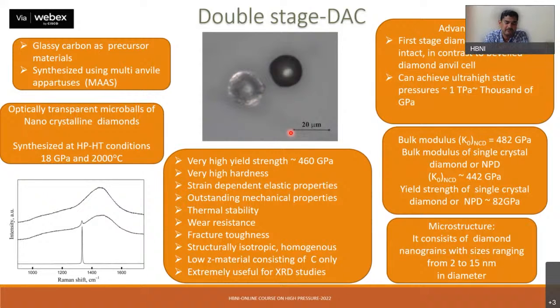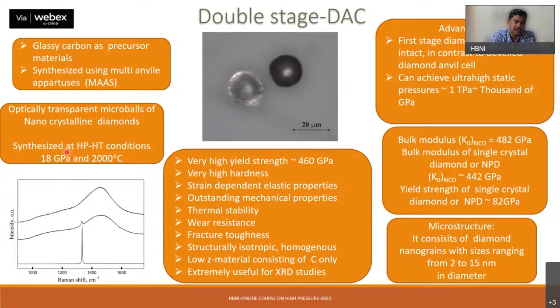So how did they synthesize or fabricate these nano diamonds? They used glassy carbon as a precursor material, and then using this glassy carbon, with the multi-anvil apparatus, they synthesized nanocrystalline diamond from the glassy carbon at high pressure and high temperature.